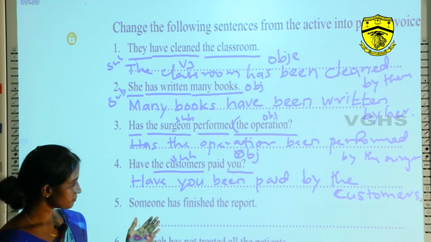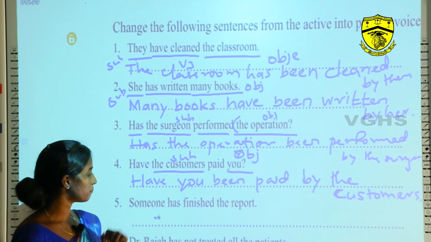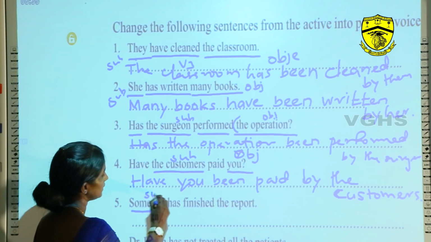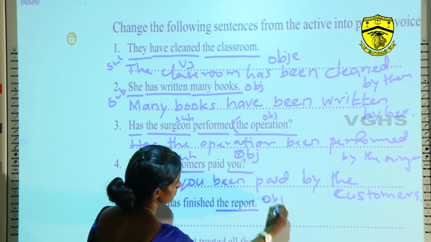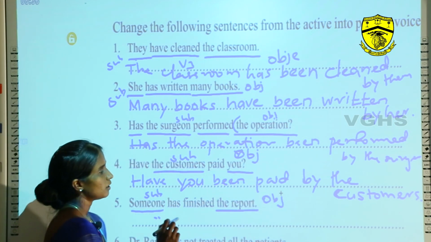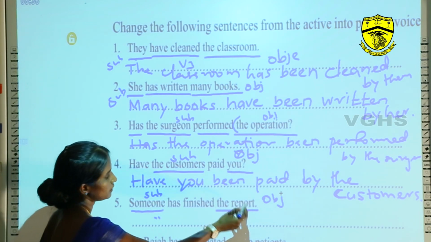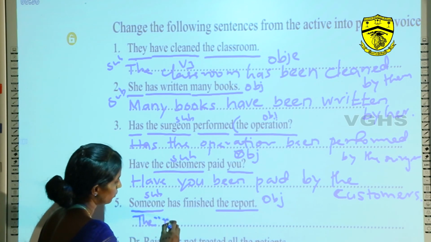The fifth one: Someone has finished the report. Here someone is the subject, the report is the object, and the verb is has finished: has plus past participle of the verb, finish. So the object becomes the subject.